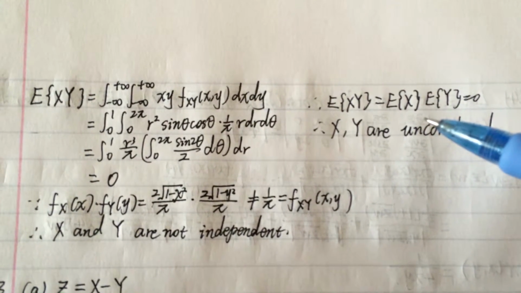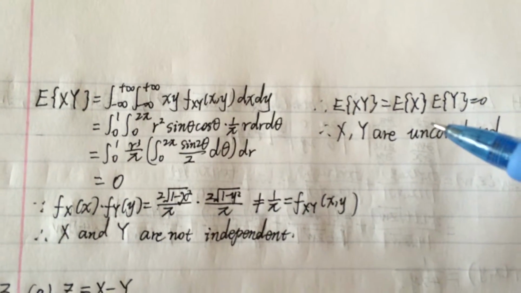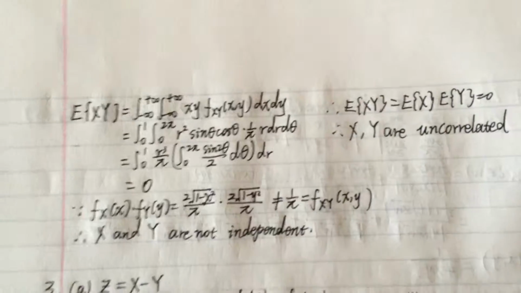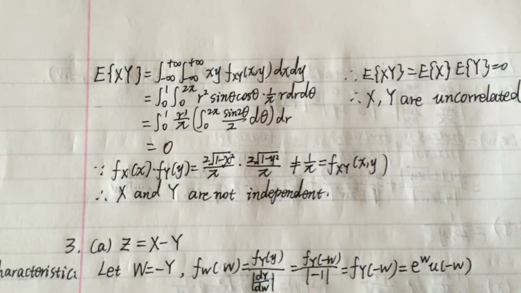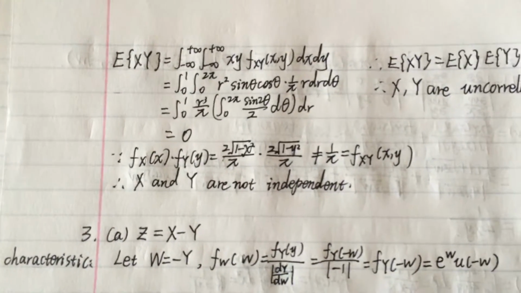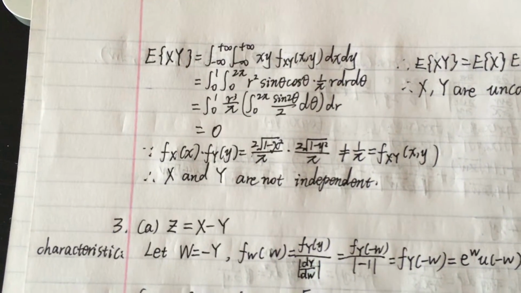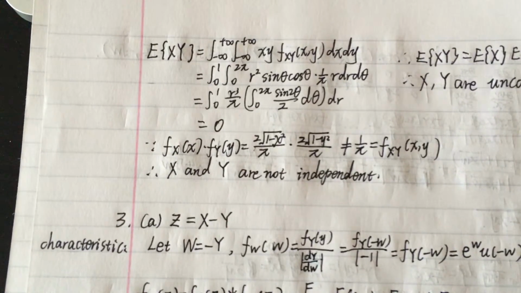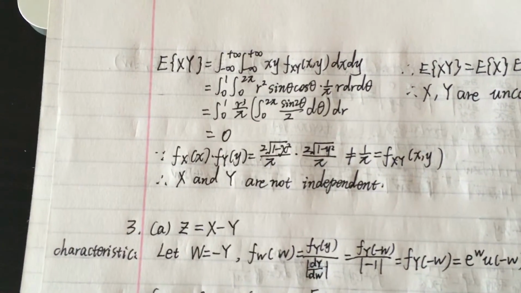It is proving or disproving that x and y are uncorrelated, and we can figure out whether x and y are uncorrelated through the covariance of x and y.